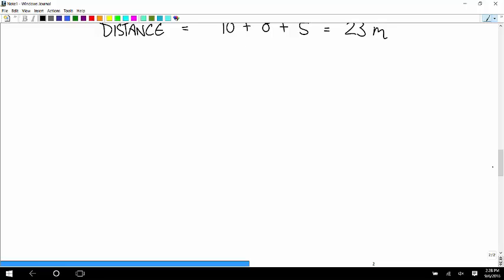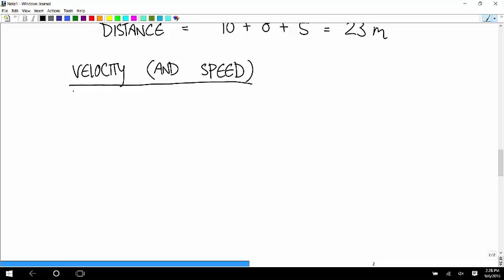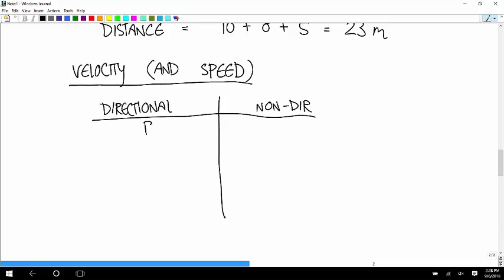So the next thing that we're going to talk about is velocity. And semi-related to that is speed. So remember, if we divide it up into directional quantities and non-directional, position is sort of on its own.